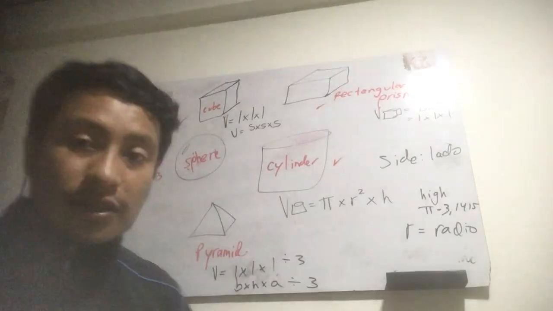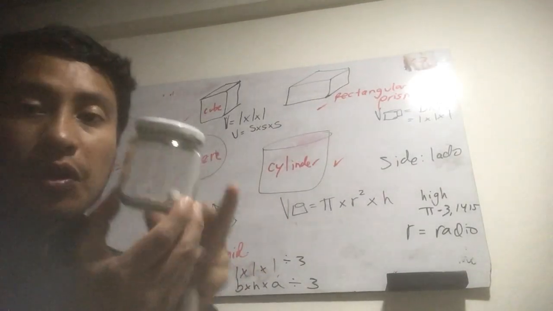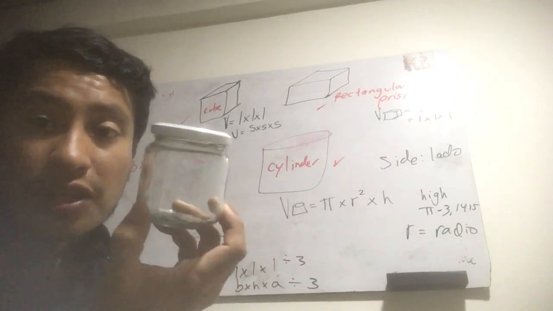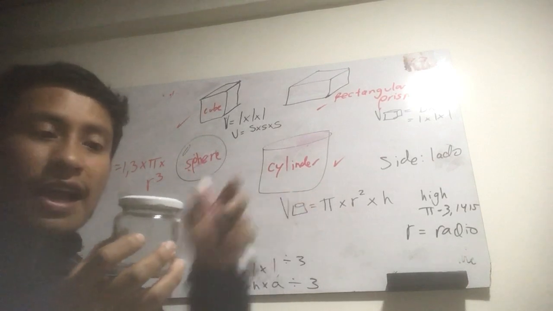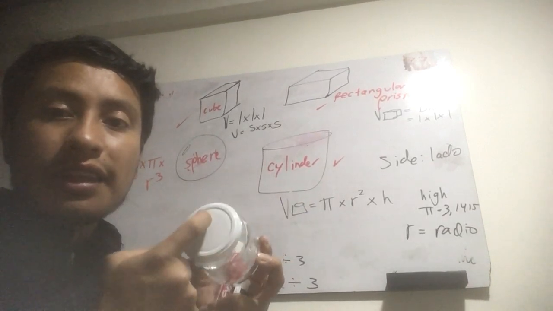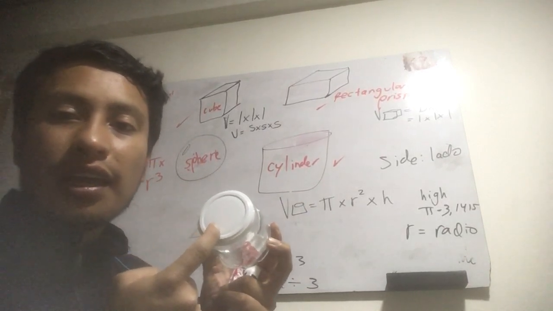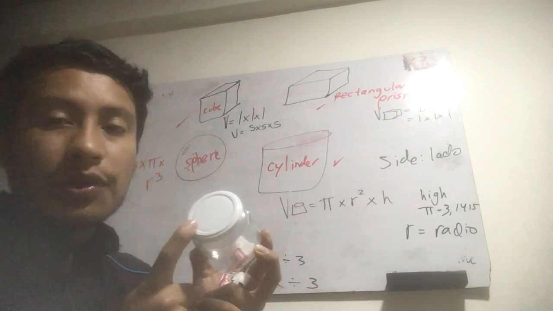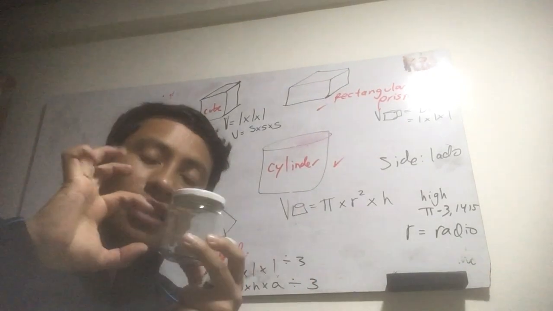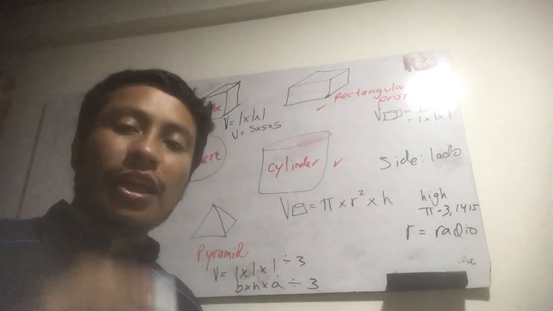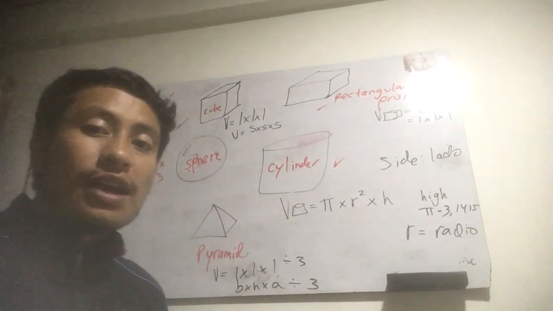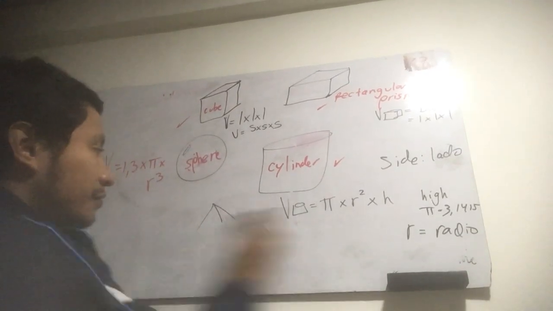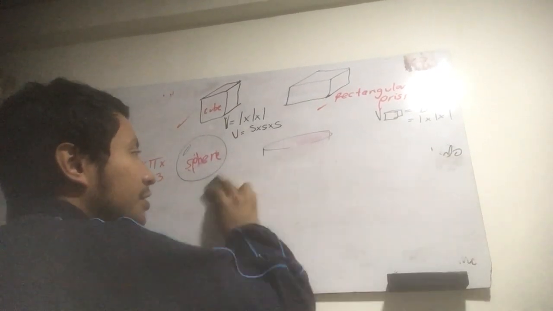So in this case, I can calculate the volume of this glass, of this object, because of course it has the shape of a cylinder, and I can measure with a ruler the distance between the center of the top of the cover to the other extreme, that is the radius, and the height of the glass of the bottle. Ready.